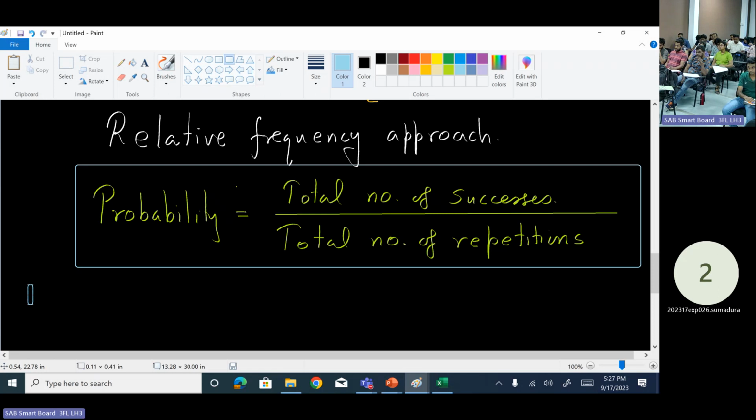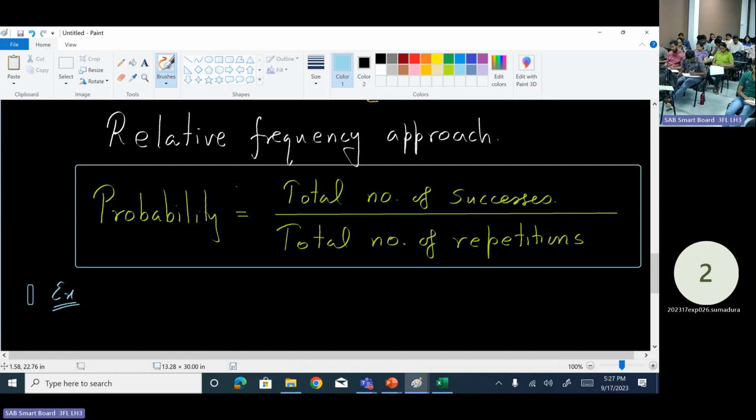So we'll take an example. A coin is tossed 75 times, and 40 times we got heads.